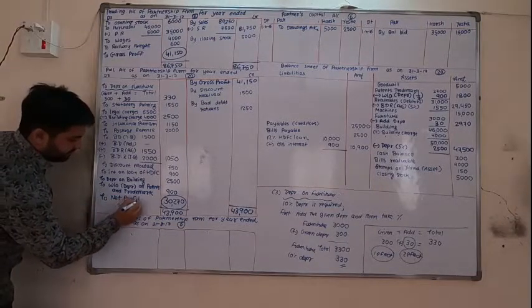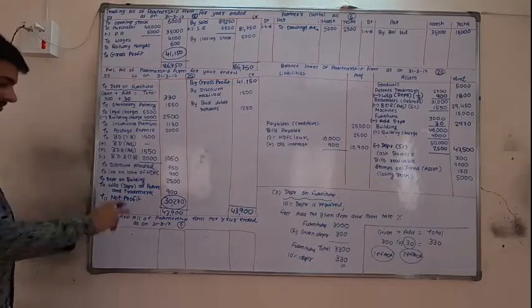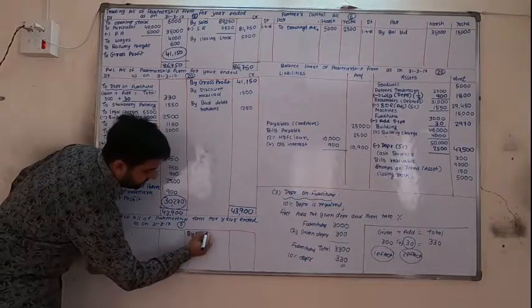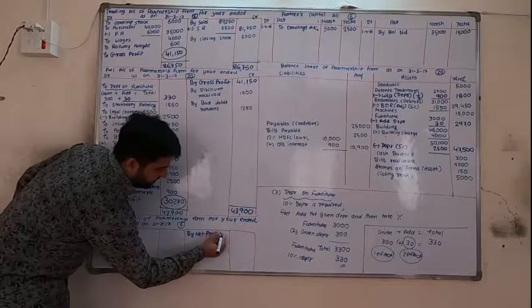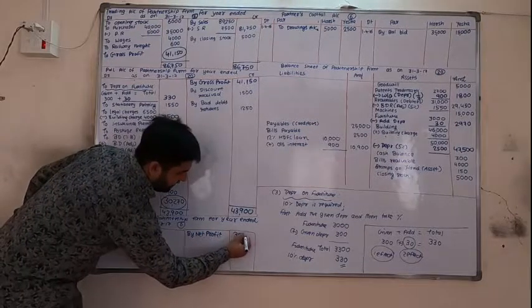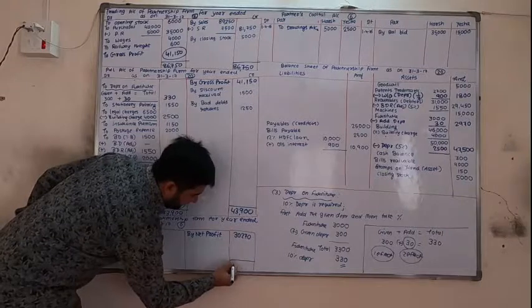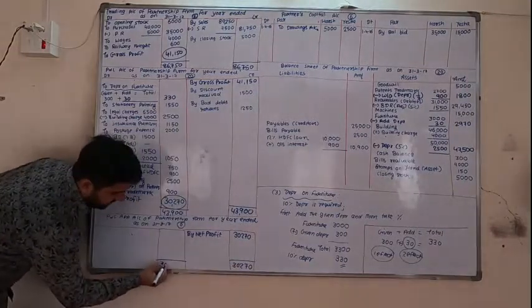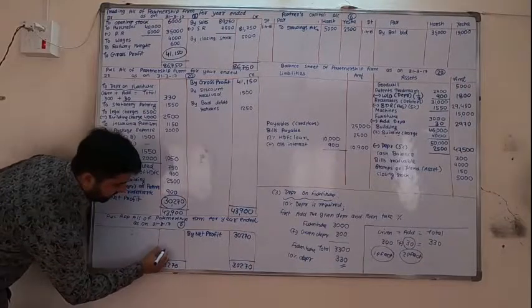To net profit. Now here it is debited, so here it should be credited by net profit 30,270. Here total 30,270. Here also 30,270.